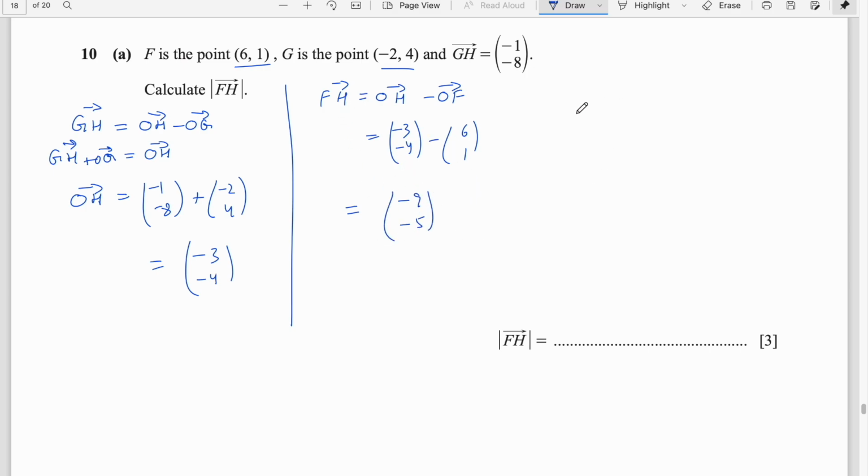We have the vector. Now we can find the magnitude. Square root of (-9) squared plus (-5) squared is square root 106, approximately equal to 10.295. Let it be 10.3.